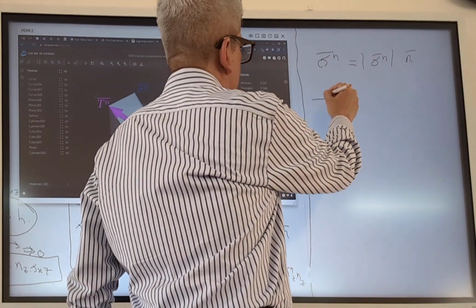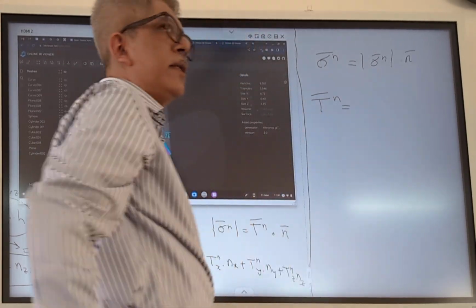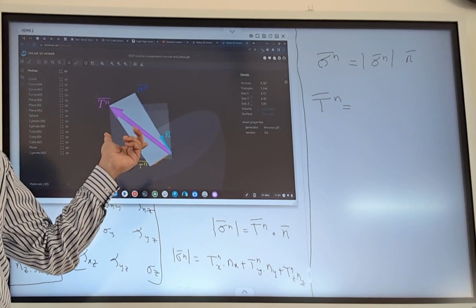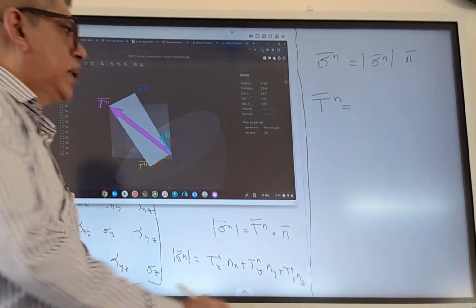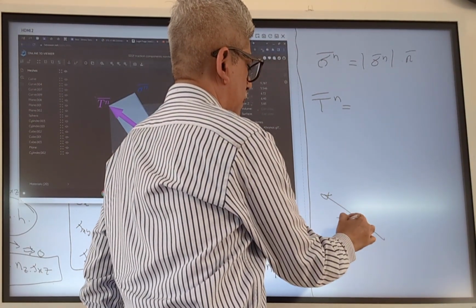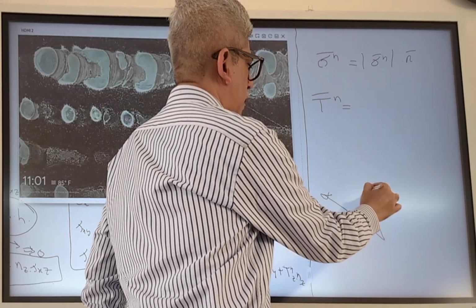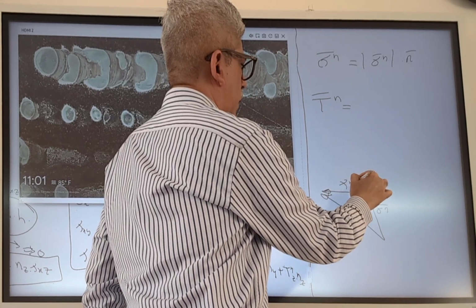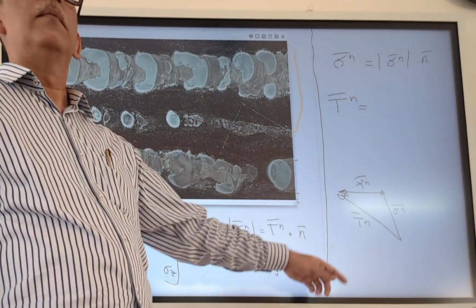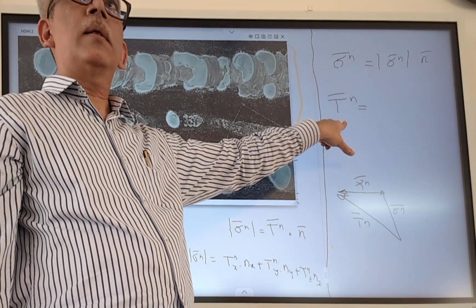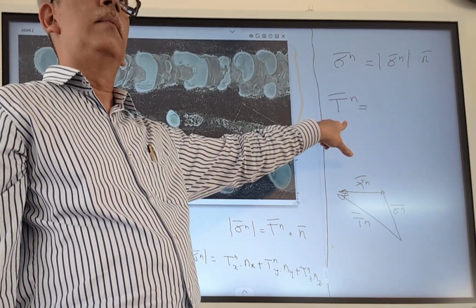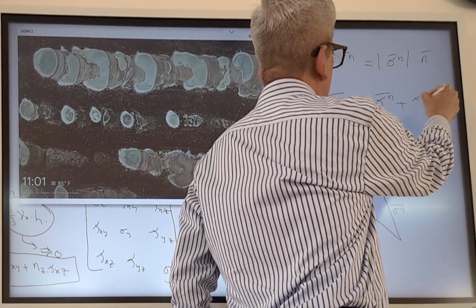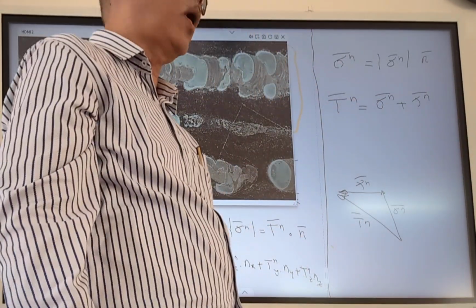So Tn bar is the simple vector addition, sigma n bar plus tau n bar.